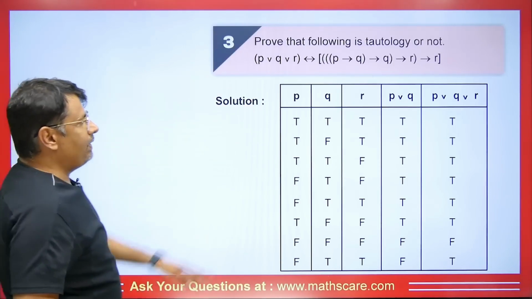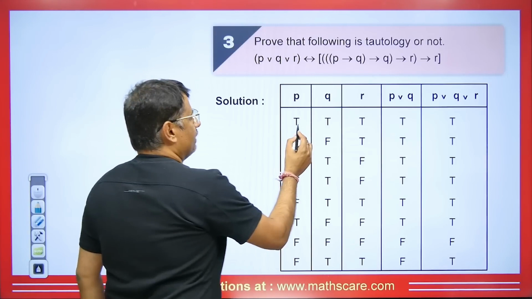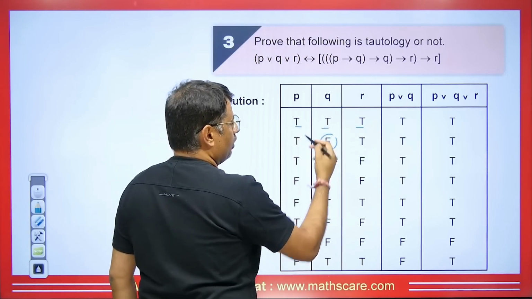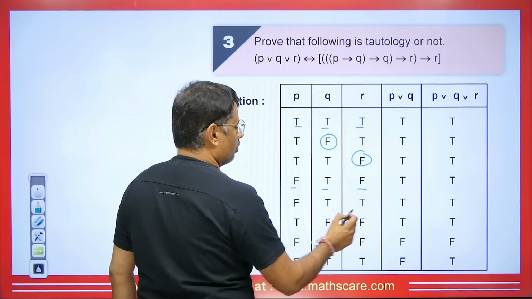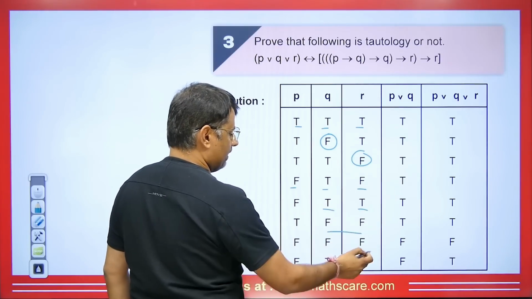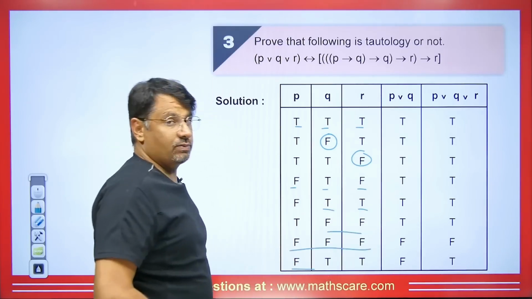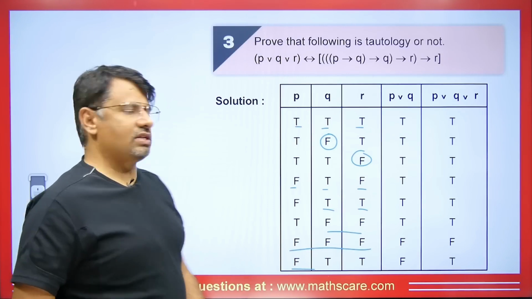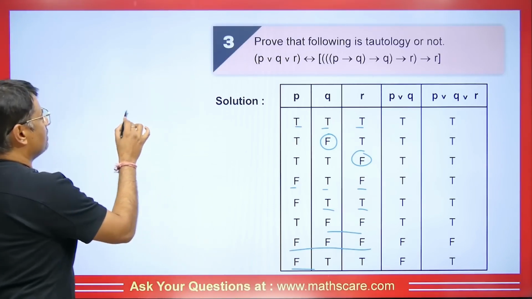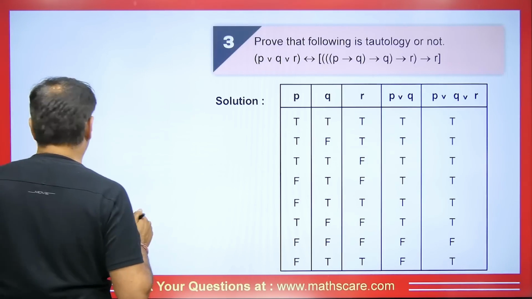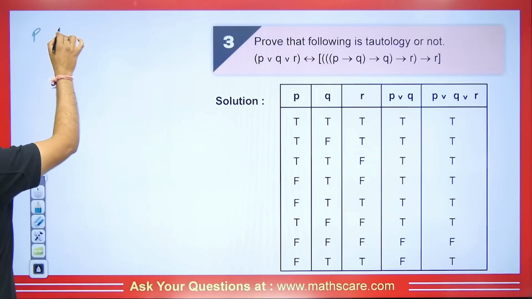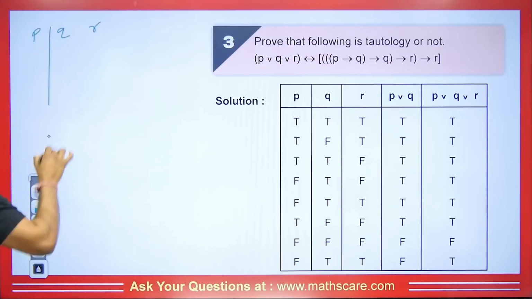Remember this. So if we have P, Q, R, there are 8 combinations, then we will have true, true, the next will be false, then false, right? Then false, true, false, then true, true, false, then false, false, true, and then all 3 will be false. So ultimately we can create this table this way. Or if you don't understand, let me tell you. You can understand it in this way as well. Students, it's PQR, I will write it here. So I wrote P here, then Q here, and then R here.